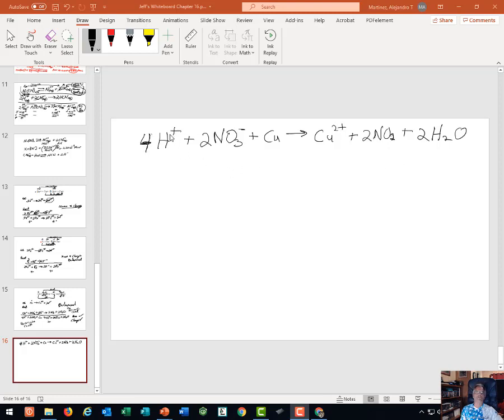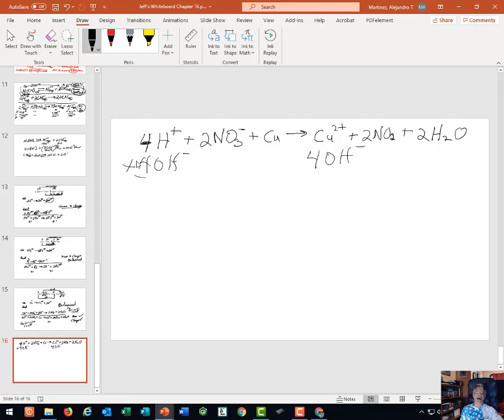We've got 4 hydrogen ions over here on the reactant side, so we're going to add 4 hydroxides over here. And if we add 4 hydroxides on the reactant side, we have to add 4 hydroxides on the product side of the reaction.